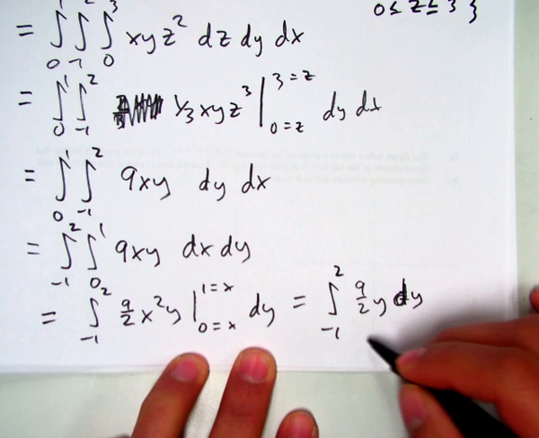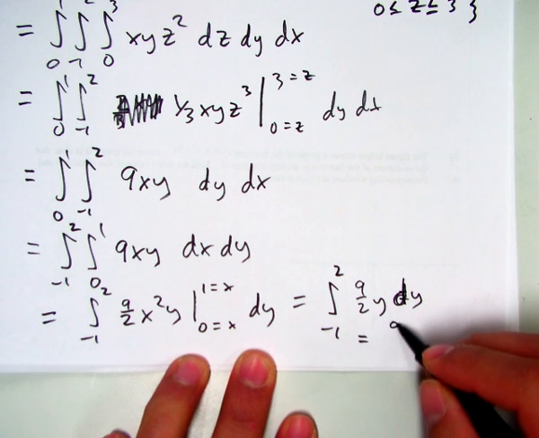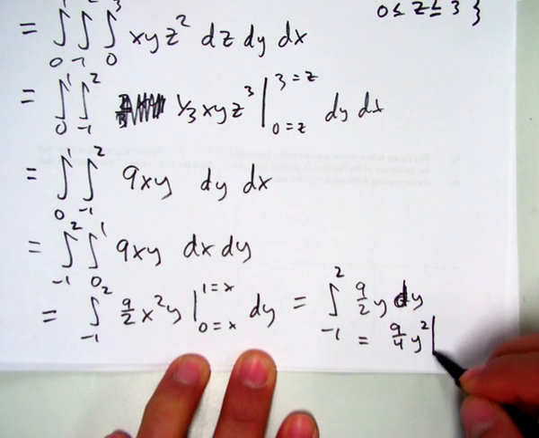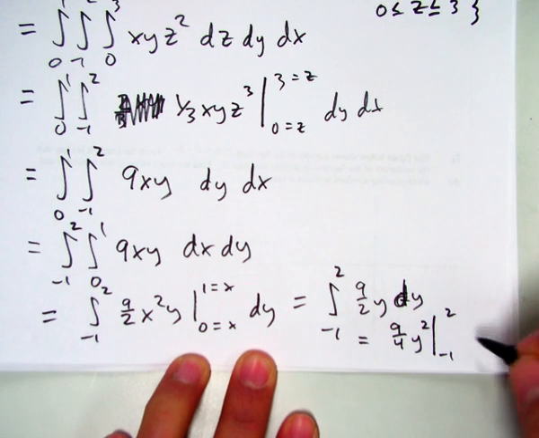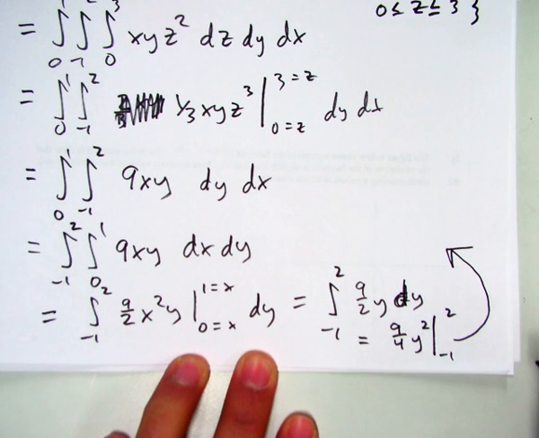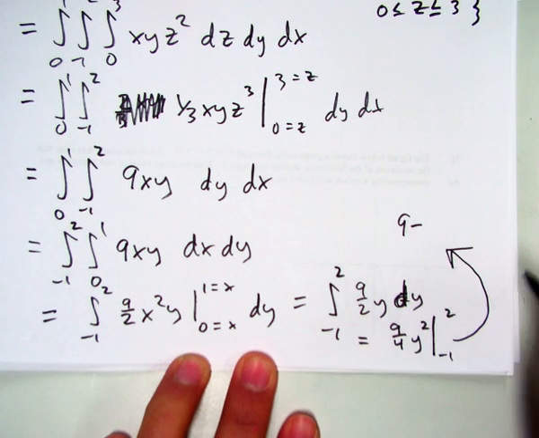Which, when you integrate, is 9/4 y squared from negative 1 to 2. If you plug in the bounds, 4 times 9 over 4, that's 36/4, so 9 minus 9/4.